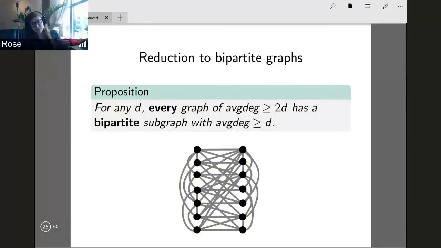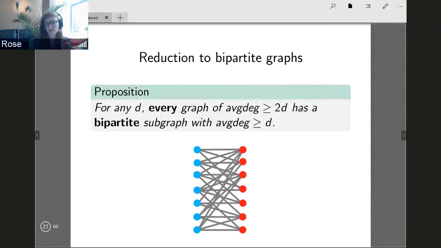For every vertex independently at random, you flip a coin and color it blue if you get heads and red if you get tails. Then in expectation, at least half of the edges go from a red vertex to a blue vertex. If you just take that as your subgraph, that proves the proposition.